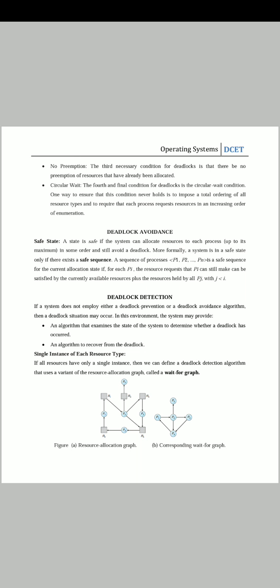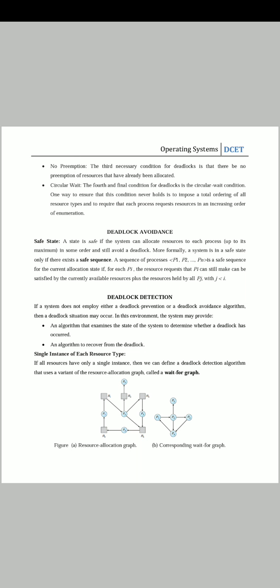Same with P2 to P3: I have an edge from P2 to R4 and from R4 to P3. I remove the R4 resource, and I have the direct edge from P2 to P3 in my wait-for graph. I have one more edge from P2 to P5 through the R3 resource. P2 to R3 is the request edge and R3 to P5 is the assignment edge.